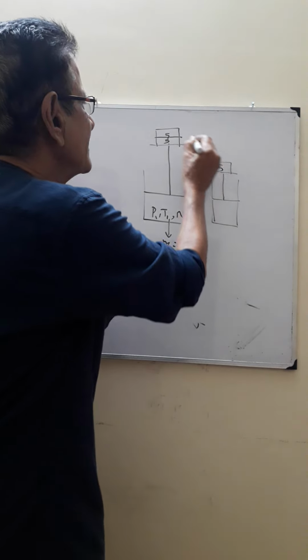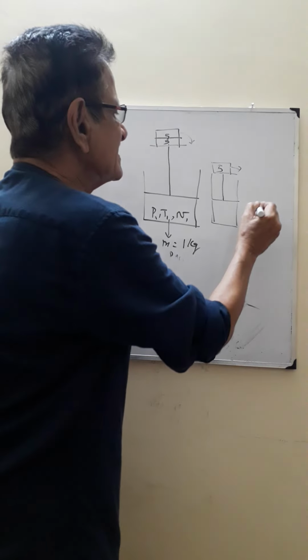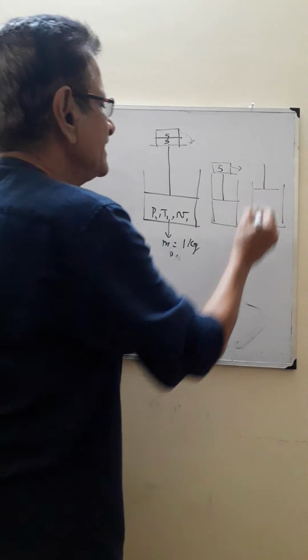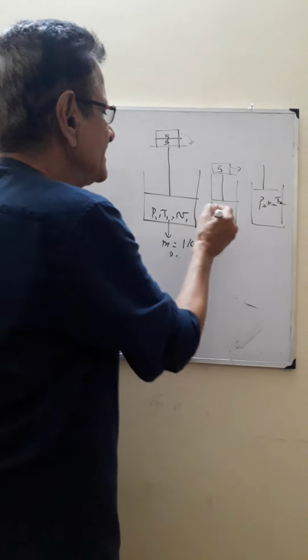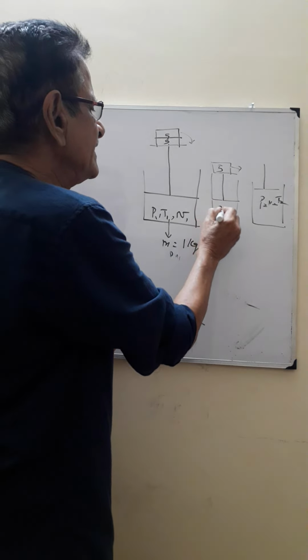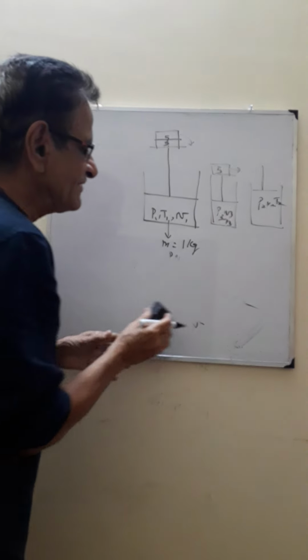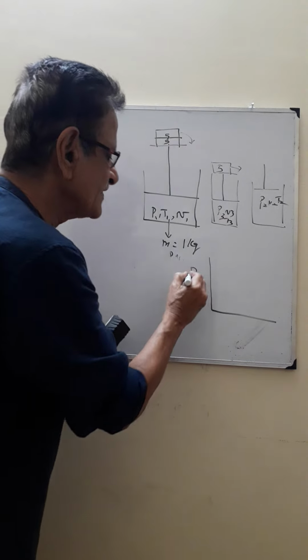So I removed just 5 kg. Then in the next step, I remove the remaining 5 kg. This is the final value P2, V2, T2. This is the intermediate value, I'll call it P3, V3, T3. Now let me plot this on a graph once again, P versus V.